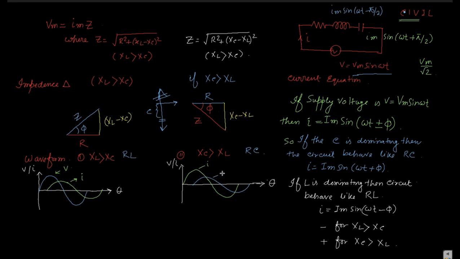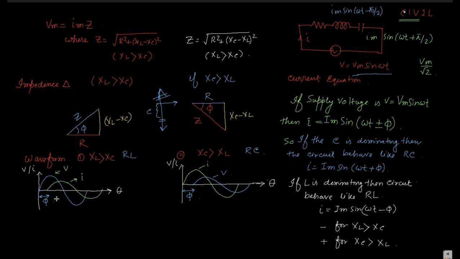In the RC circuit, the current leads the voltage by angle phi. In the RL circuit, the current lags by angle phi, or the voltage leads by angle phi. Whether you consider it lagging or leading depends upon which phasor you are taking as the reference.